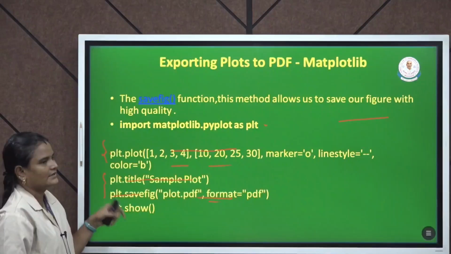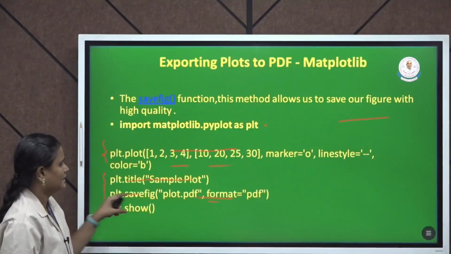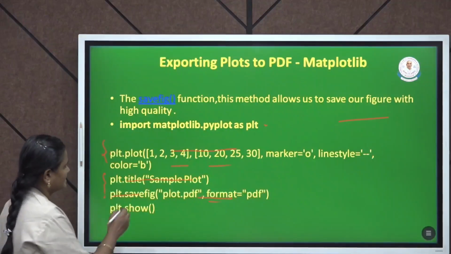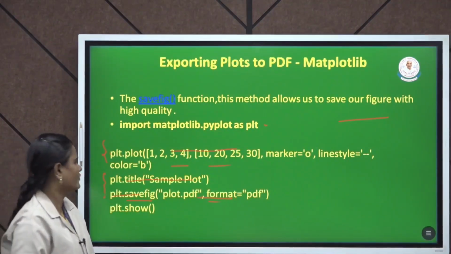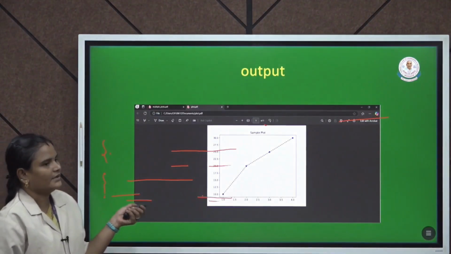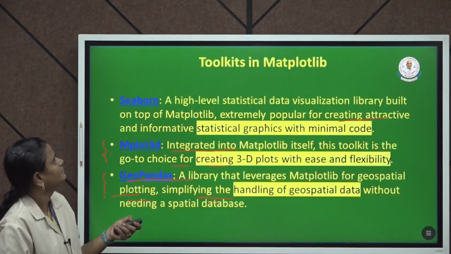The title is given as sample point. For this data I need to generate a PDF. The command savefig is the command which is used for generating the graph in PDF format. Once we give the PDF, the graph will be generated in the PDF format.